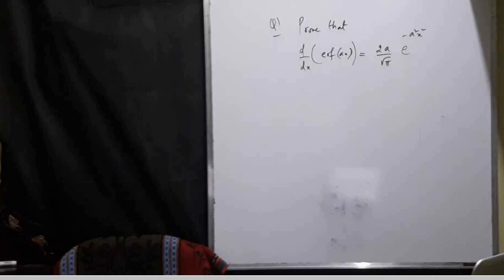Of course 2 by root pi is a constant, it comes out, that's not a big problem. Now we are left with d by dx of integral 0 to ax of e to the power of minus t square dt.